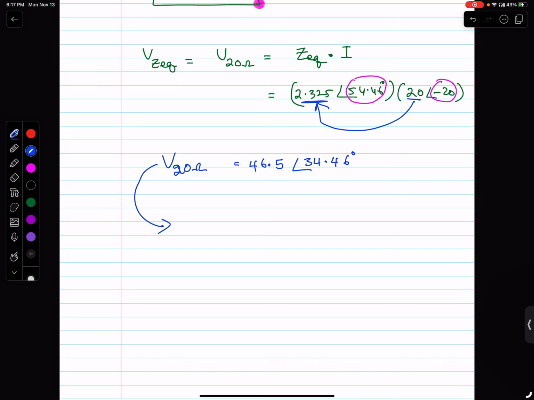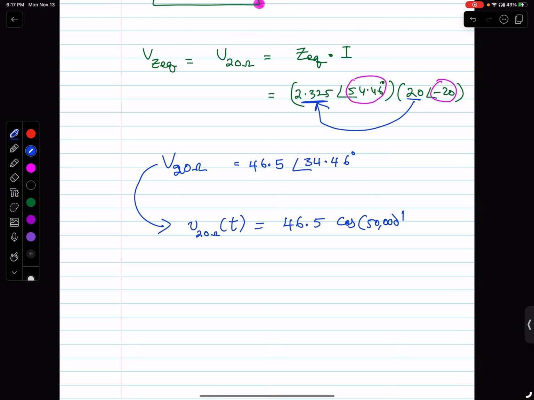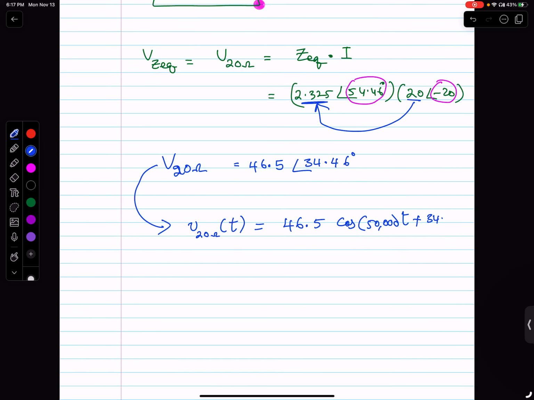V of the 20 ohm resistance as a function of t in its time domain form has the amplitude 46.5, and then cosine, because this is a linear circuit, omega does not change, 50,000 t plus the angle 34.46 degrees. This is the answer I'm after.